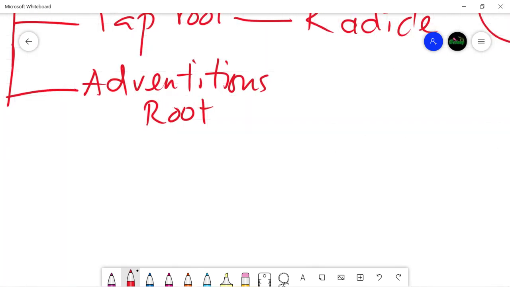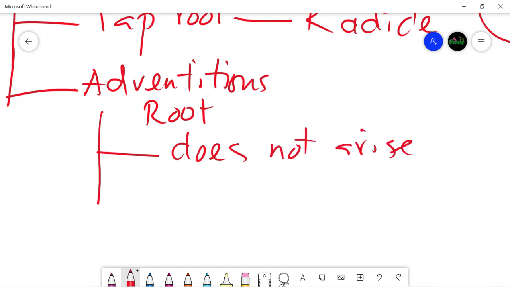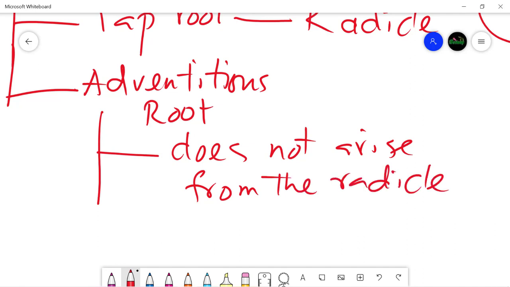The second kind is something different. It doesn't originate or form from the radicle. So adventitious root can be defined in one way as the root which does not arise from the radicle. So how is it formed?